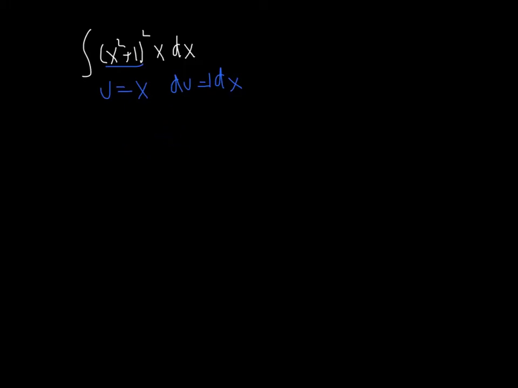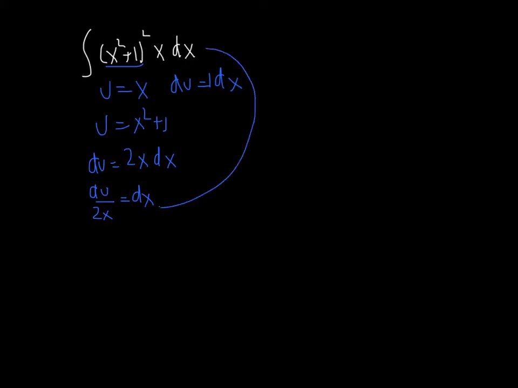What you really want to do is let u equal just x squared plus 1. Now watch how this works. If you take the derivative of that, you get 2x dx. Solve this for dx, so it's going to be du over 2x equals dx. Now you're going to replace back in the original function, and write your integral in terms of u.